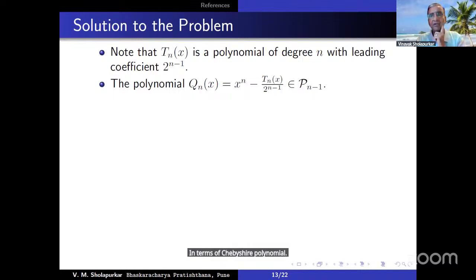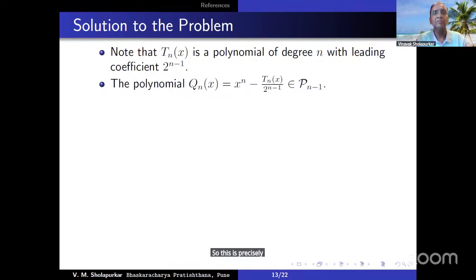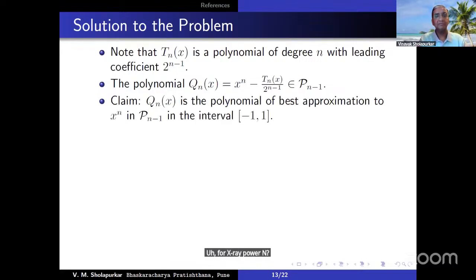See, we were wondering how to find a linear polynomial for x square, or a degree 2 or lesser polynomial for x cube, and so on. So this is precisely the polynomial of best approximation for x to the power n in Pn minus 1, in the interval minus 1 to 1, of course.